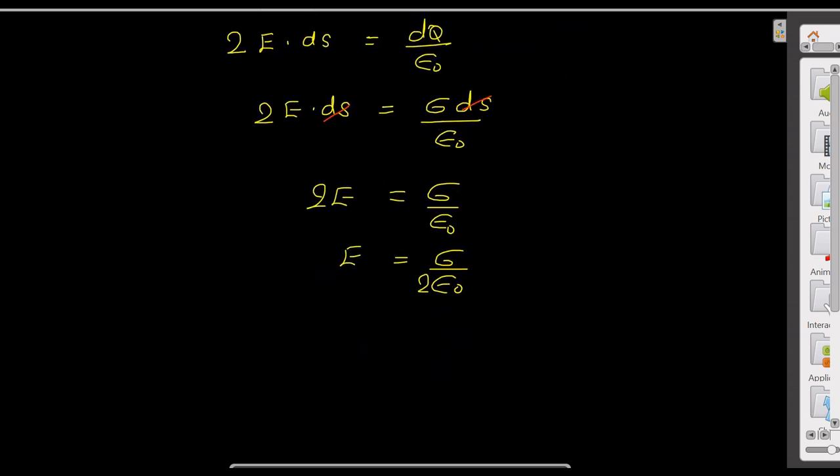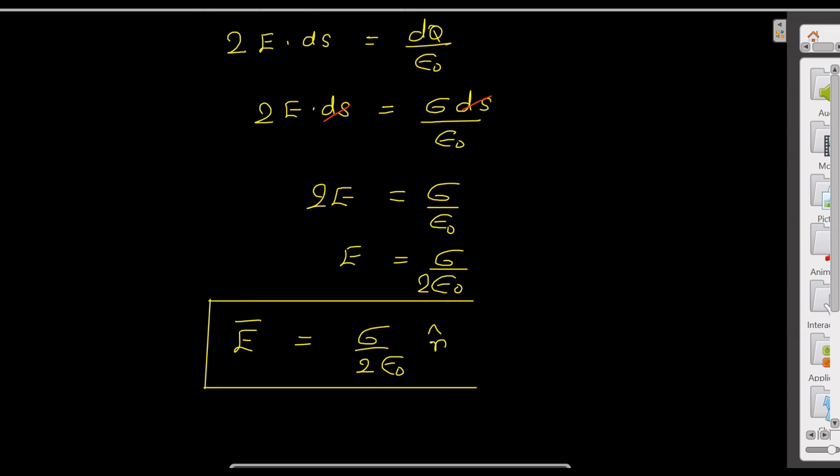Or simply, if we write the vector E, it must be equal to sigma by 2 epsilon naught into unit vector n, where unit vector n represents the direction in which electric field acts.